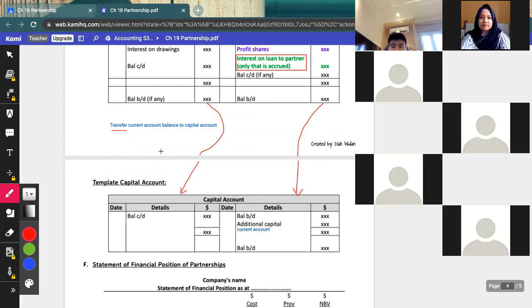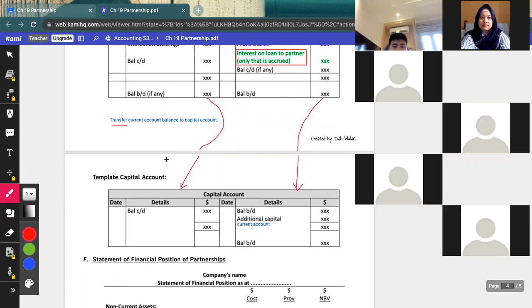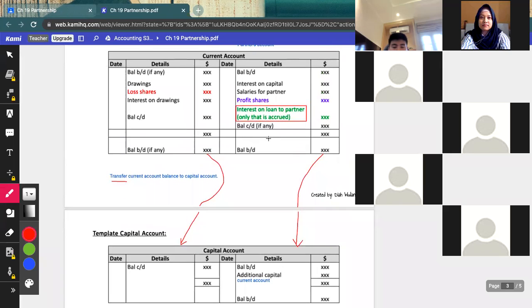So this is what happens when the owner transfers current account to capital account. Either they are paying their debts because they took too much drawings, or I would say I want to add my ownership to the partnership, but I don't want to add extra physical money. But I have current accounts already, the total of my rewards that the partnership hasn't paid me yet.